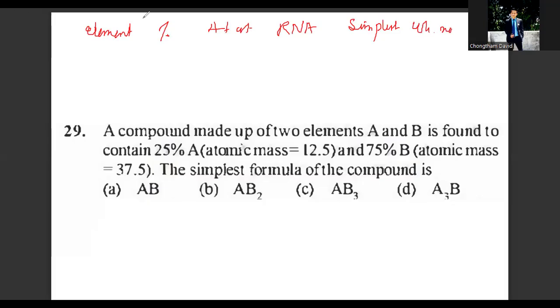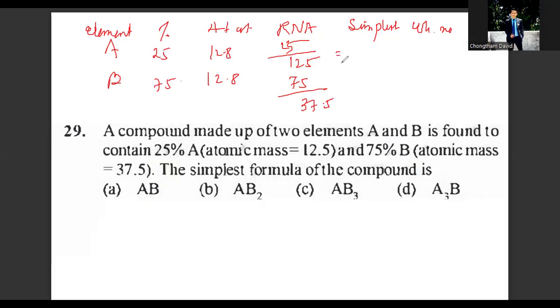So count here A elements, they are A and B type. Percentages 25 is to 75. And the atomic weights are 12.8, 12.8. 25 by 12.5, 75 by 37.5. So it corresponds to simplest whole number ratio, meaning 1 is to 1. That means AB is the answer for question number 29.